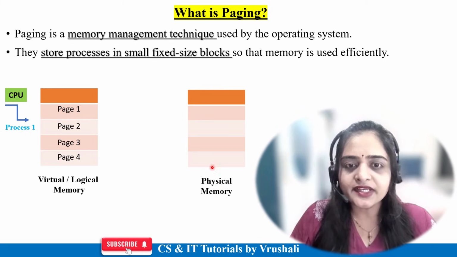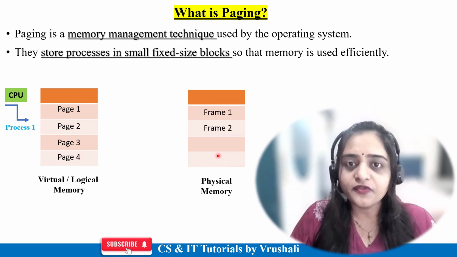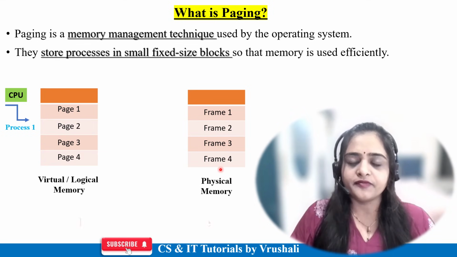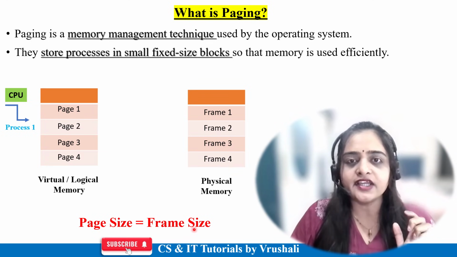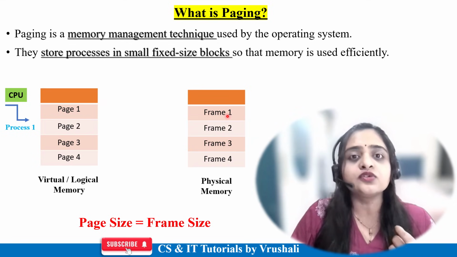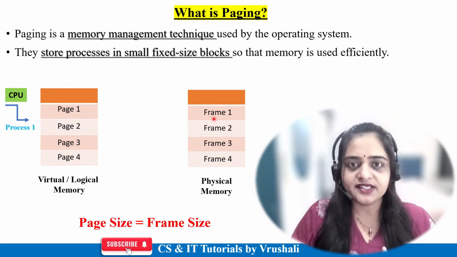This physical memory is also divided into fixed size partitions, which are called frames, like frame 1, frame 2, frame 3 and frame 4. Always remember this thing: page size is exactly equal to frame size. Suppose page 1 size is 4 KB, so frame 1 is also 4 KB. Page size is always equal to frame size.